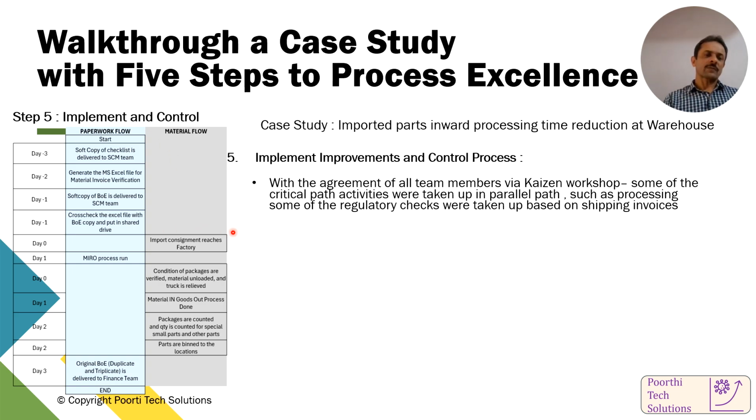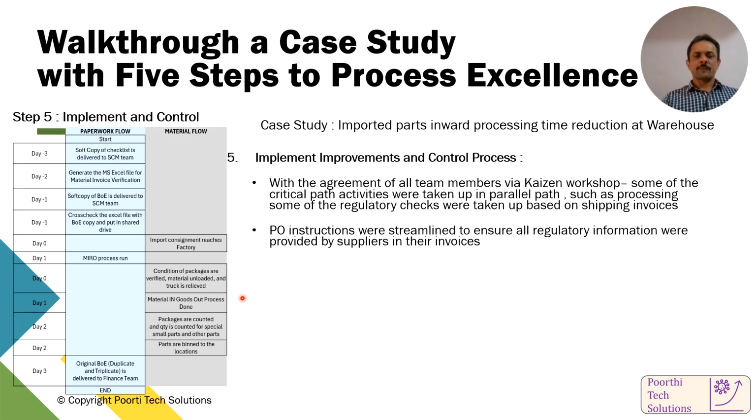If you see here, this is day zero, where the parts are expected to arrive at site, and some of these processes can start as early as day -3, that is 3 days prior, with the available documents in soft copies. So the teams start working on it and get these extra days to process these before the parts actually show up at site. And this right side talks about the material processing steps which happen after the parts arrive at site.